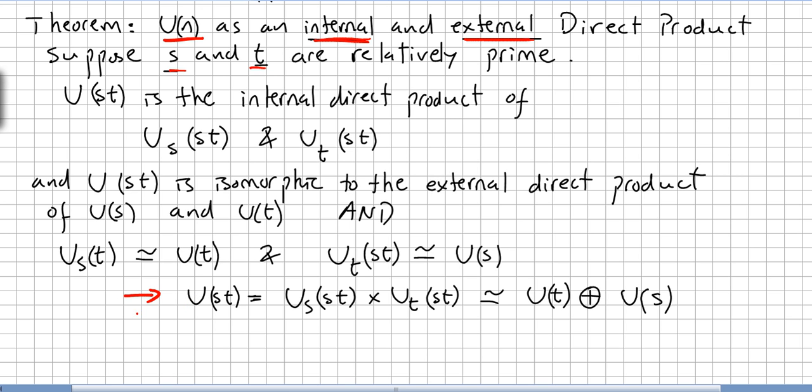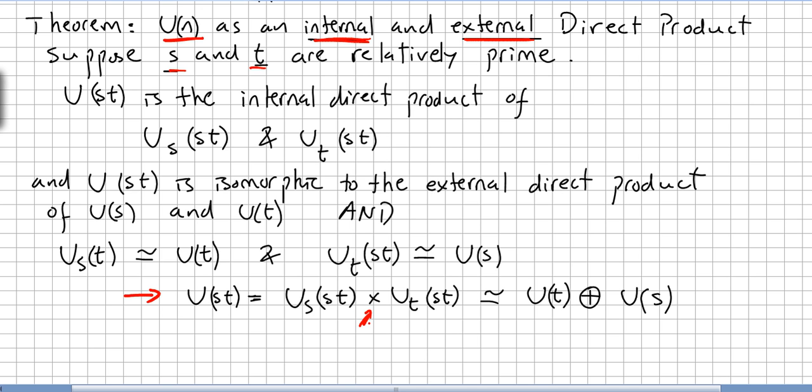So this is written this way: U of st equals U_s(st) times U_t(st), and that is isomorphic.